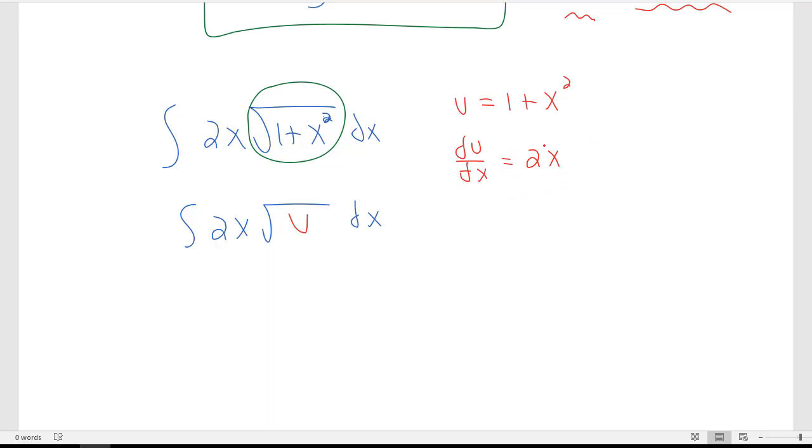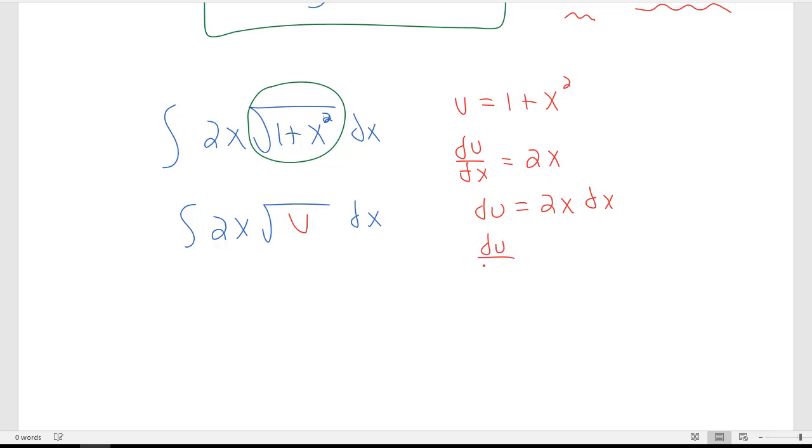And then there's a couple different ways to attack this, right? I'm going to do both ways as we continue doing examples here. But I think probably the more straightforward way is to do what we did in the first example. We're going to take the derivative equation, and we're just going to algebraically solve for the dx. So I'm going to multiply the dx to the other side, and then the 2x I'm going to divide over.